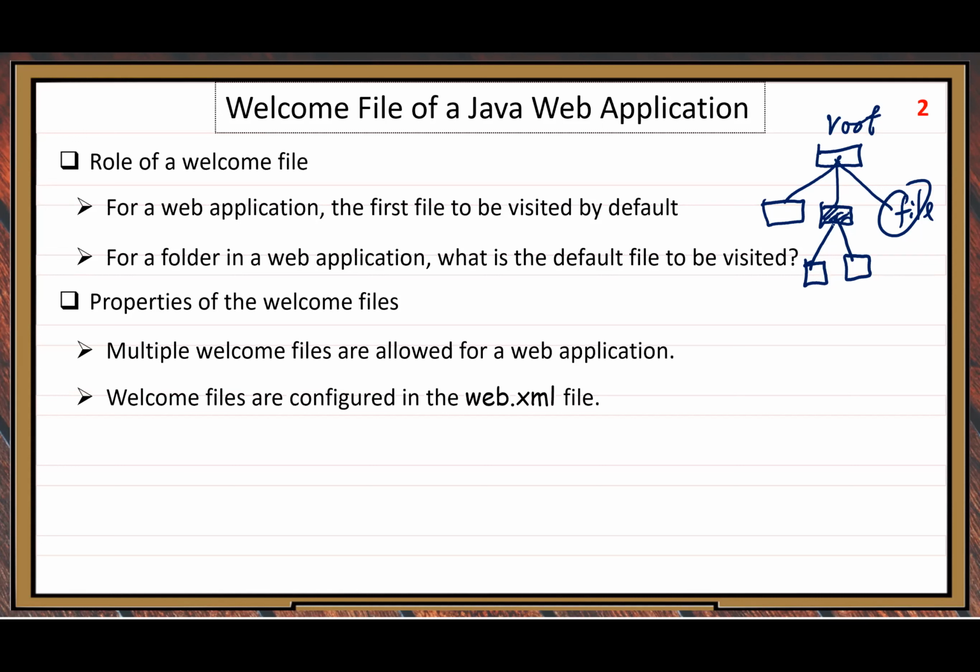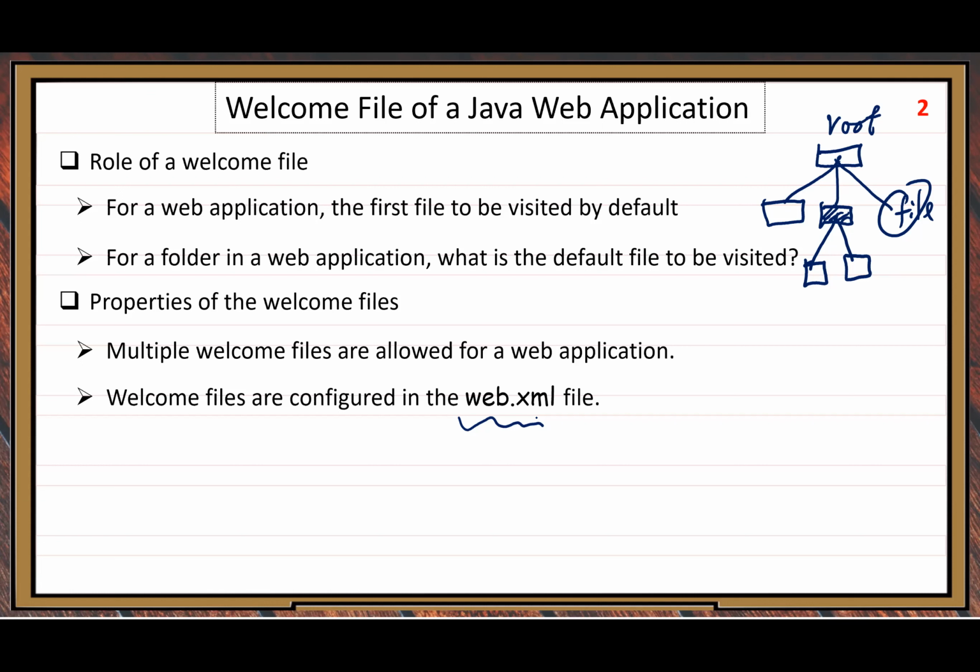All right. Next, welcome files are configured in this web.xml file. That file we call a configuration file, our main configuration file. The last time I talked about that. It's required for a Java web application.